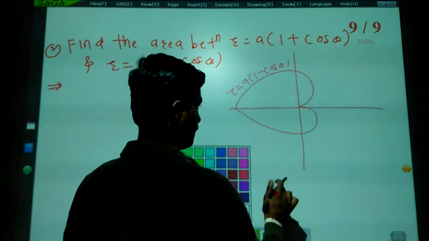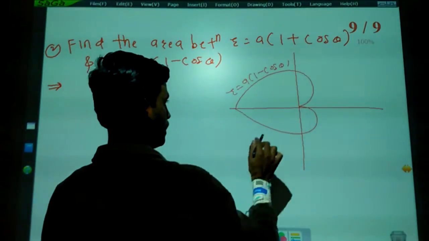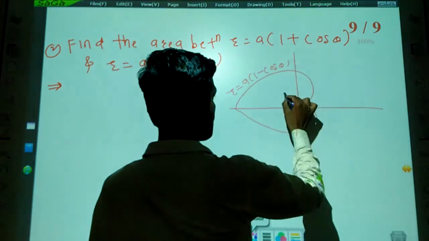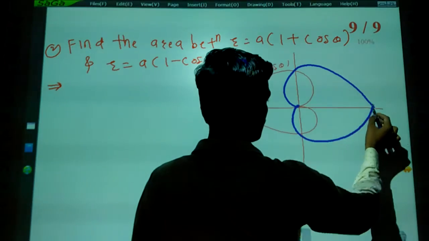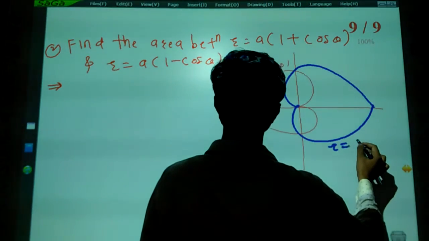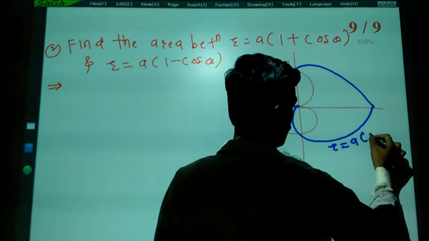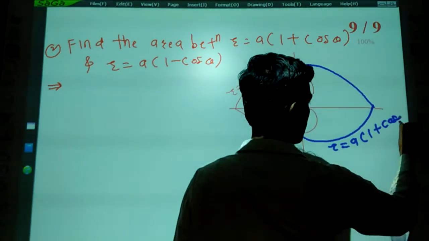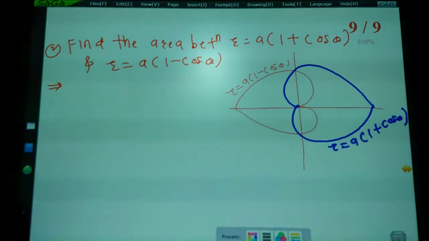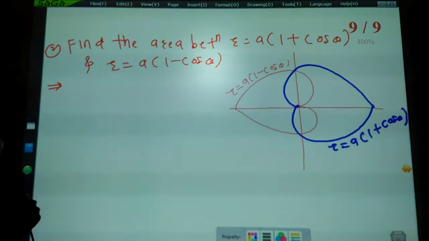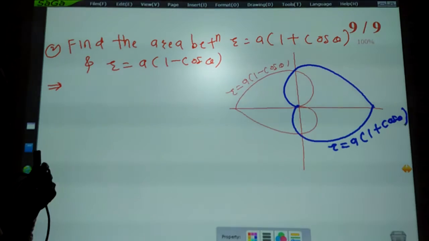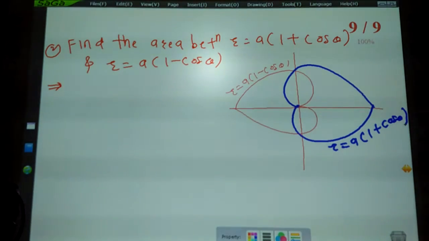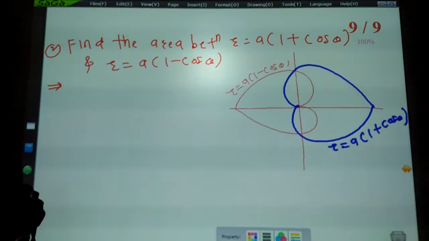The second diagram is another curve, that is r is equal to a into 1 plus cos theta. What is the question? The question is to find the area in between them.